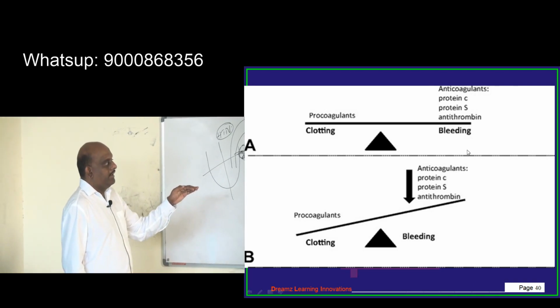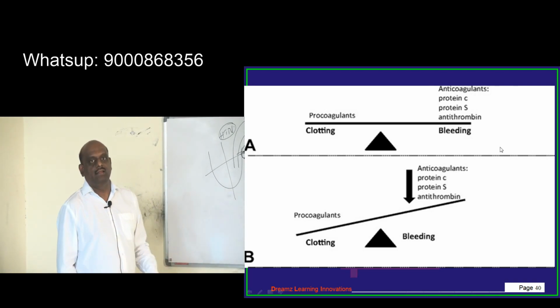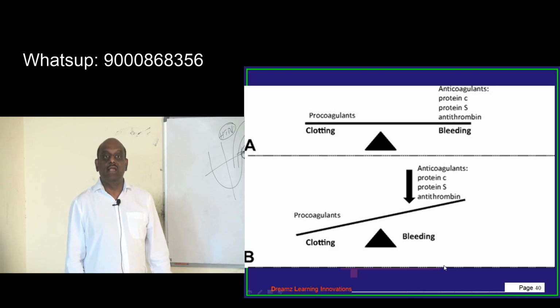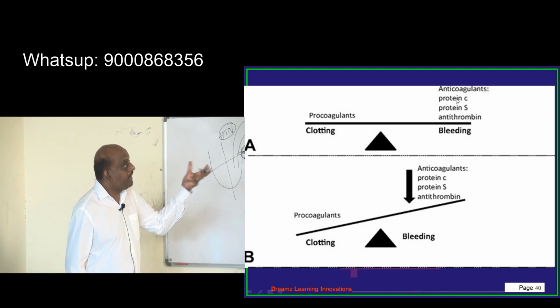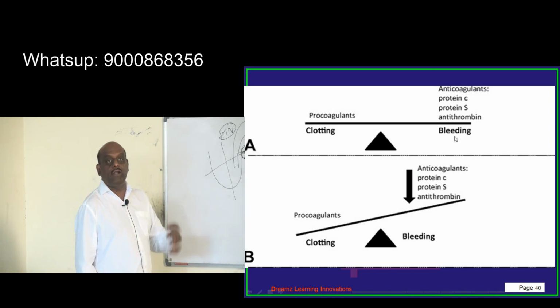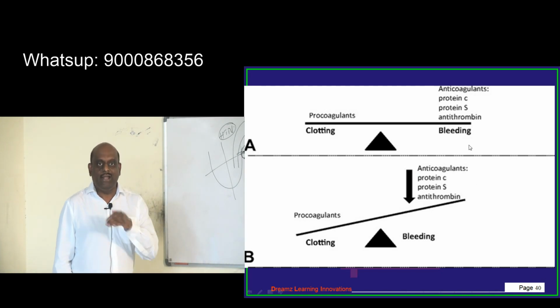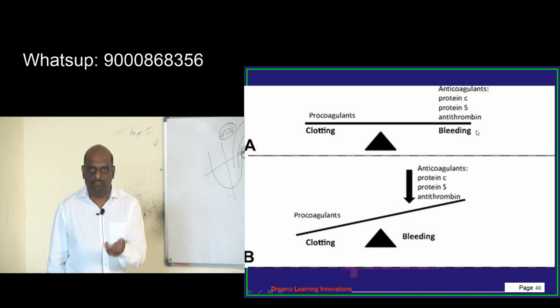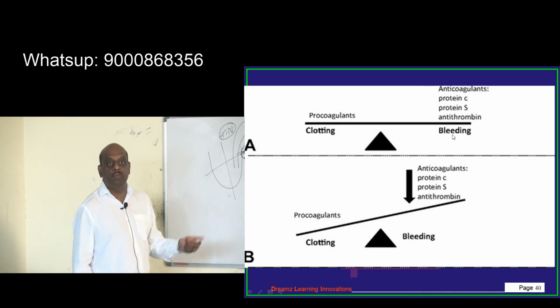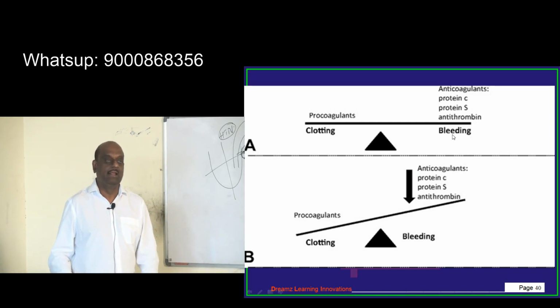But the bleeding is basically caused by the natural anticoagulants, protein C and protein S. Unfortunately, even protein C and protein S are vitamin K dependent. So if you give warfarin, which is anti-vitamin K, and vitamin K is not there, protein C and protein S become dysfunctional.